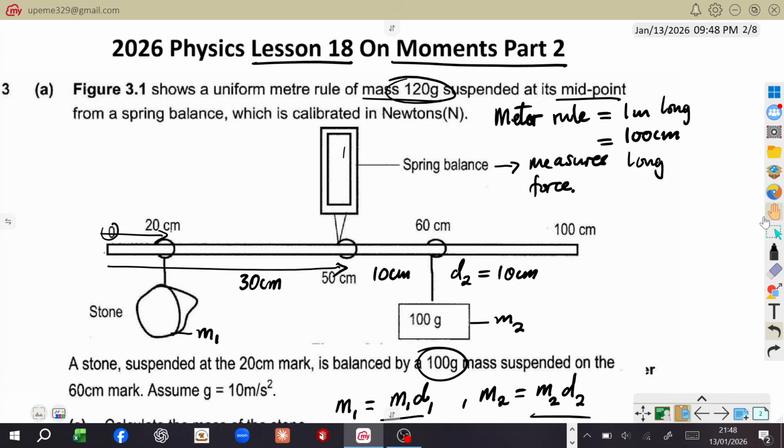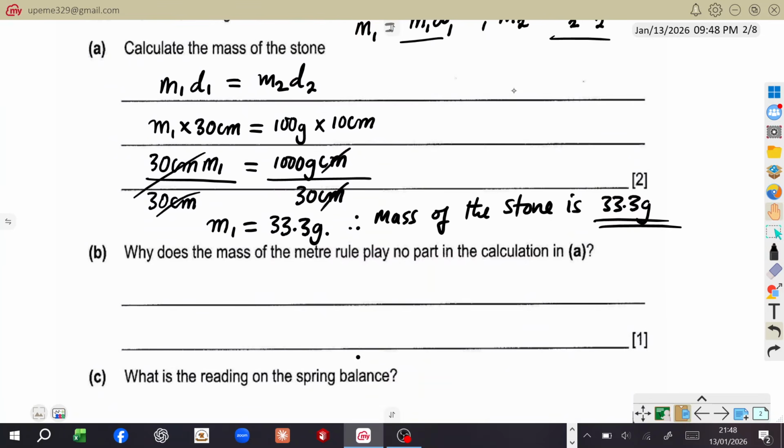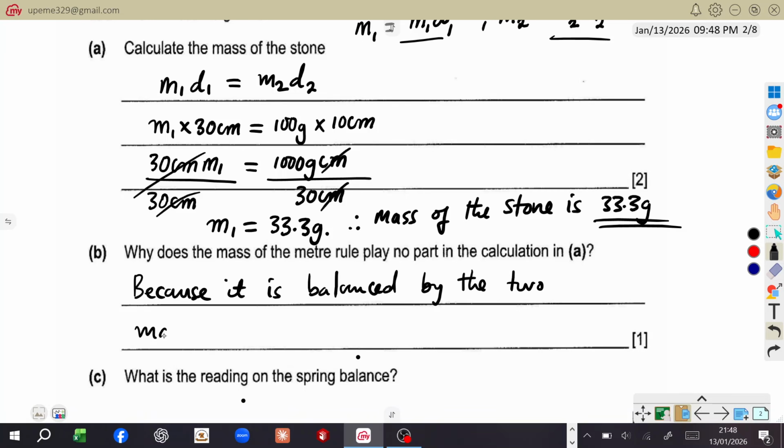So you can say because it is balanced by the 2 masses, so that you don't waste your time.